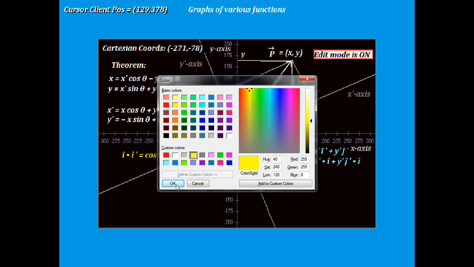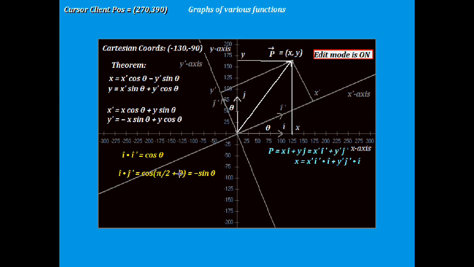Doesn't fit. Well, we'll put it down here. So i dot j prime is minus sine theta.